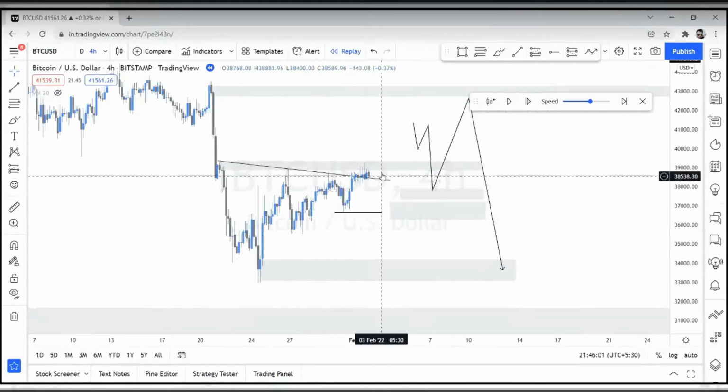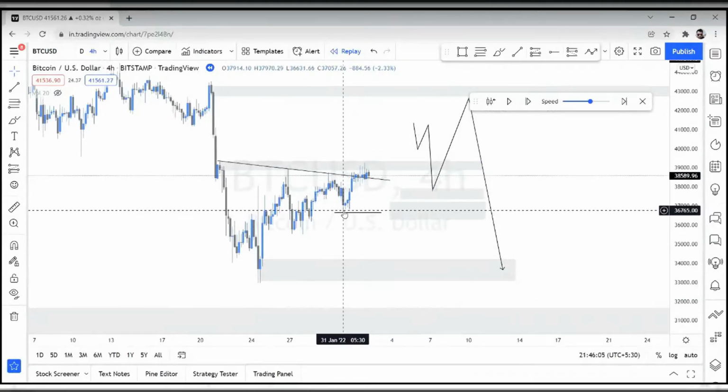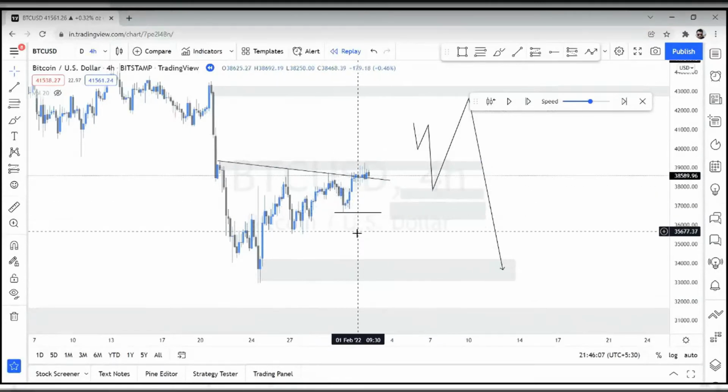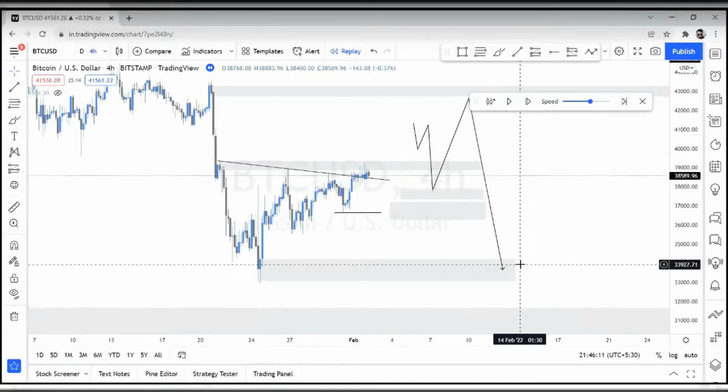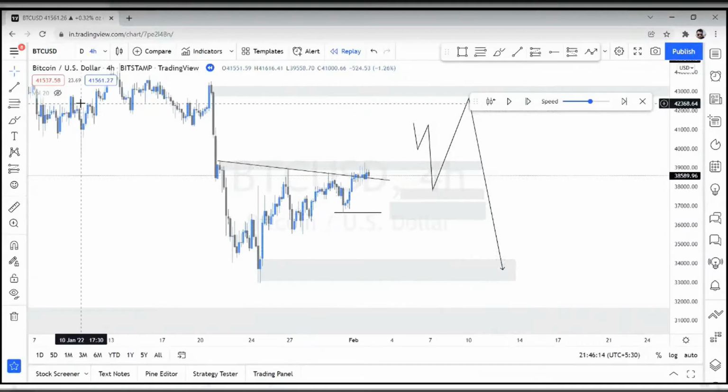Before this price action was made, when price was here, I was expecting a pullback at least to here before moving down. But let's see what happened.